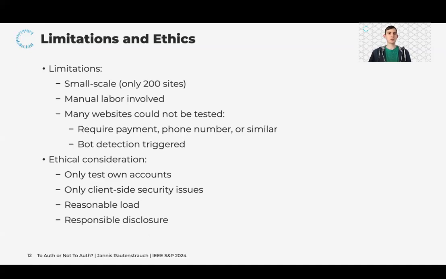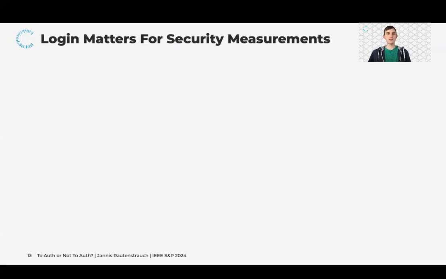Also, we think we only caused a reasonable load on these websites because we only used 2 crawlers in parallel per site, and these crawlers also waited a short amount of time before loading the next URL of the same site to not cause too much load. Also, for all the security issues we found, such as detected cross-site scriptings, we performed responsible disclosure by notifying them via the correct channels.